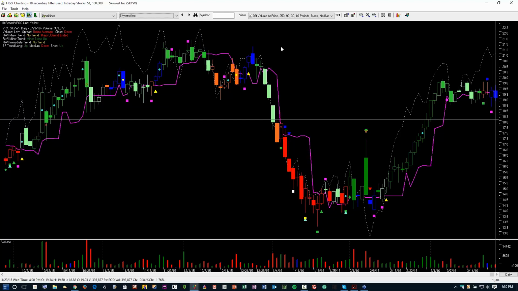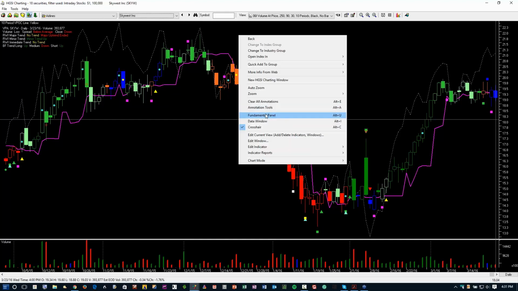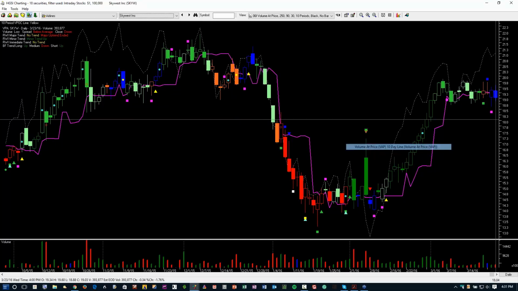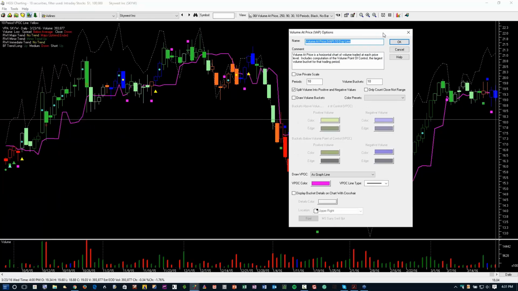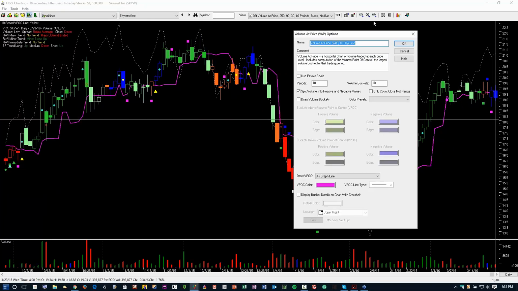Yes. So basically, if you bring up the option dialog for the volume at price, if you don't have the only count close not range checked, then every bucket that the low to high intraday value crosses will get a complete copy of the volume from the day.